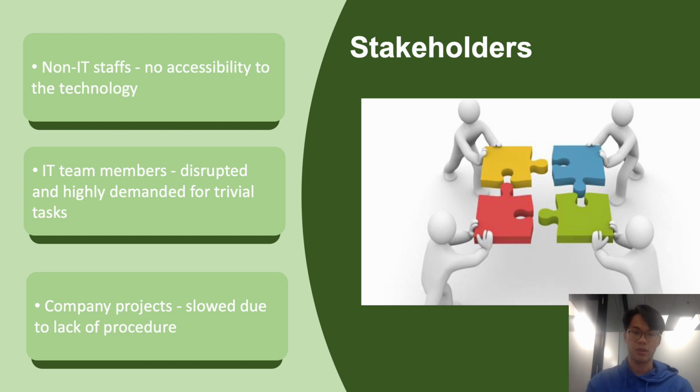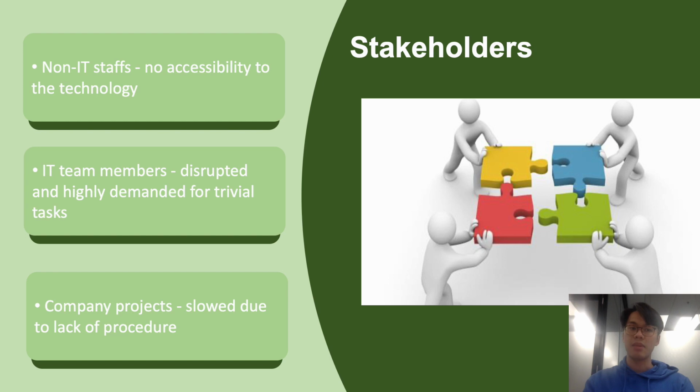Okay, thanks, Kwok. My name is Alex. I'll be talking about the stakeholders of this situation. There are three kinds of stakeholders. There are non-IT staff, the people who have problems with technology.